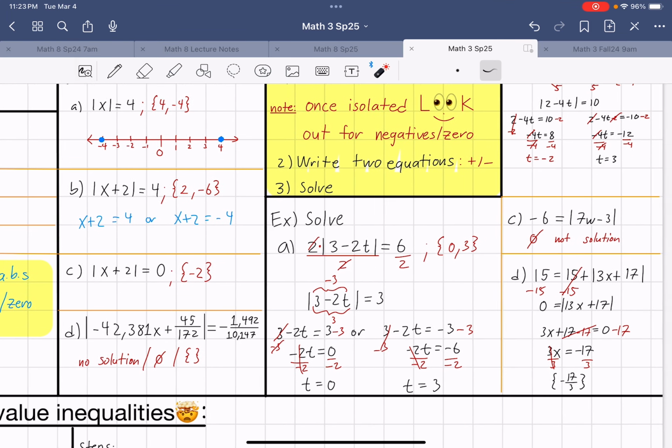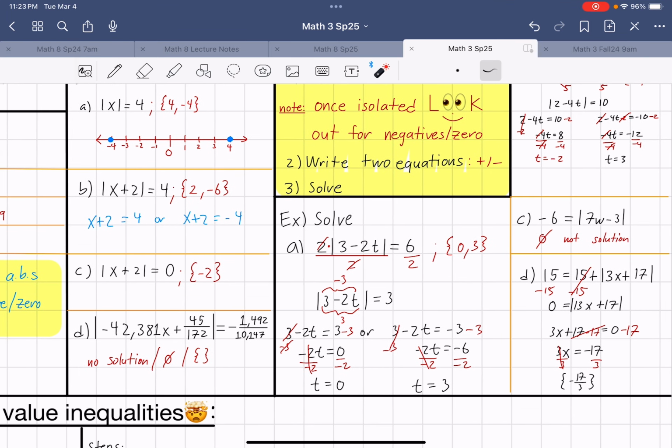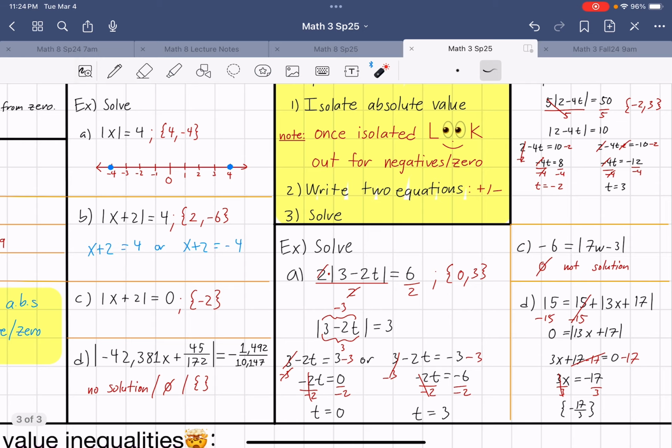And once you can find that, either with 2 equations, no equations, or 1 equation, you can find your solution. So again, just be mindful. Isolate, and then watch out for negatives and zeros.